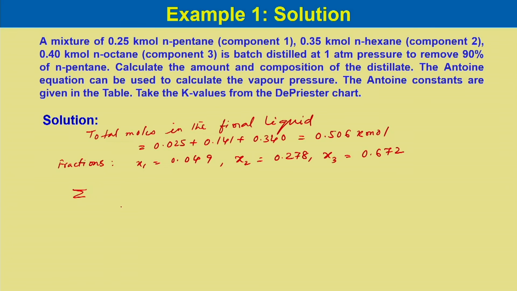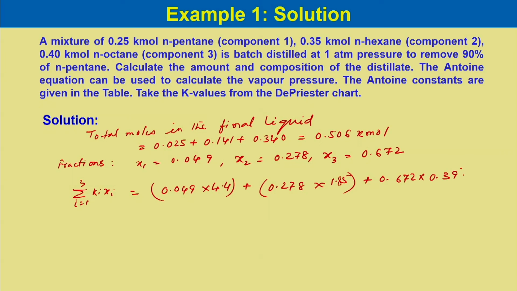So, now we can calculate the summation of K_i x_i for i equal to 1 to 3, which would be 0.049 into 4.4 plus 0.278 into 1.85 plus 0.672 into 0.39. So, this would give about 0.99, which is close to 1.